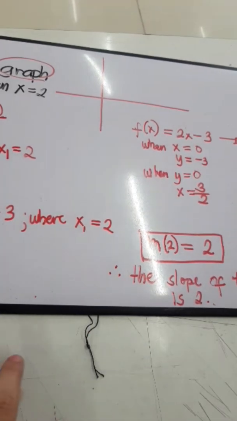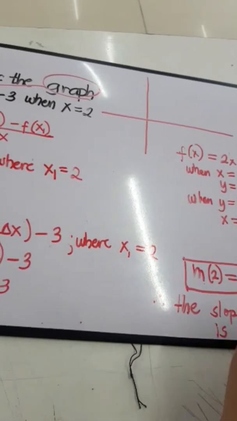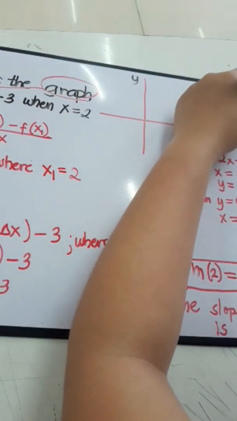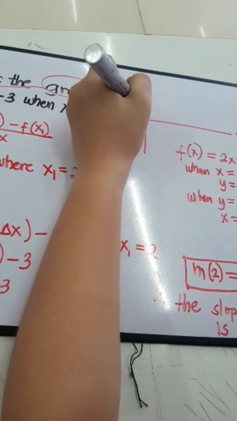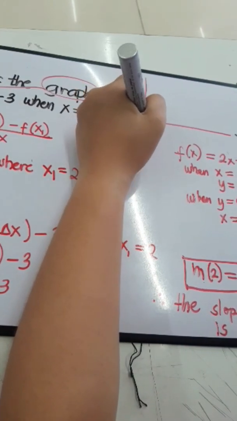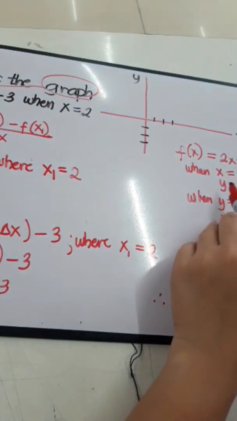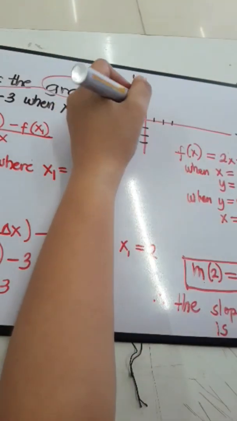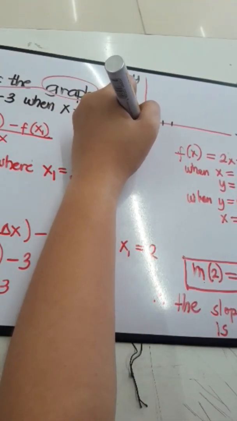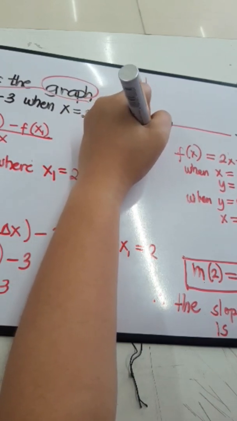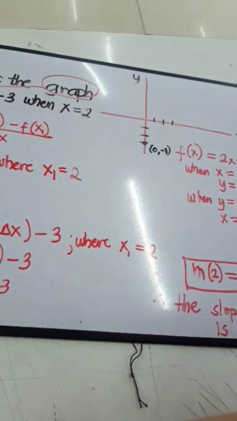So therefore, let's graph it. This is our y and this is our x. 1, 2, 3. 1, 2, 3. So at x equal to 0, y is negative 3. So this is our first point, 0, negative 3.